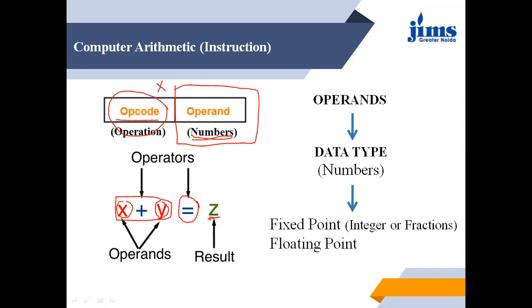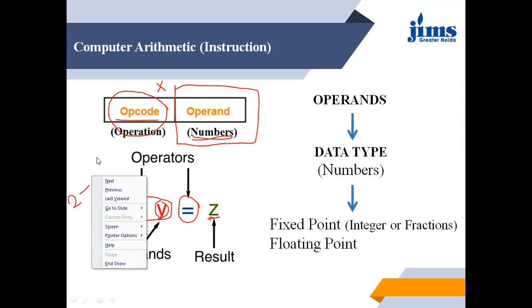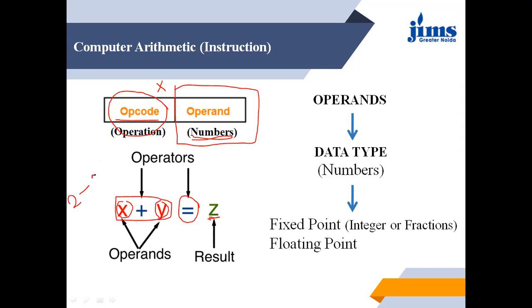Suppose the value of x is 2 and the value of y is 3, then the sum of these two operands is equal to 5.